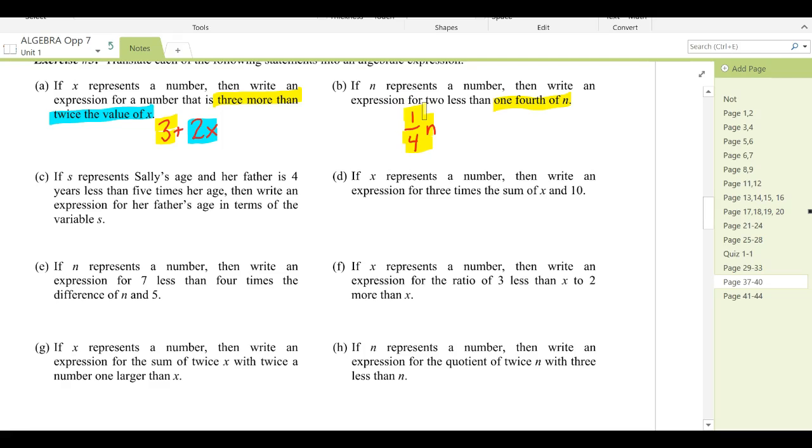When I do 1/4 n, it looks like that. How do I do 2 less than that? Minus 2.